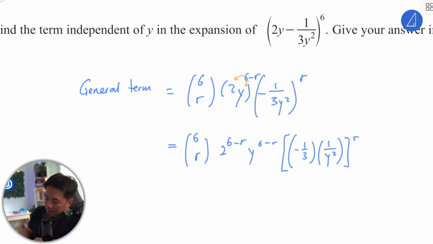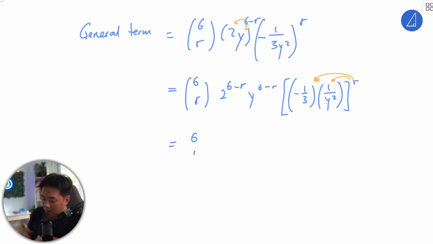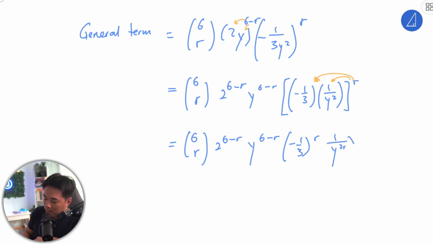So the r can be distributed in. What we get is 6 choose r, 2^(6 minus r), y^(6 minus r), minus 1/3 to the power r, and 1 over y^(2r).